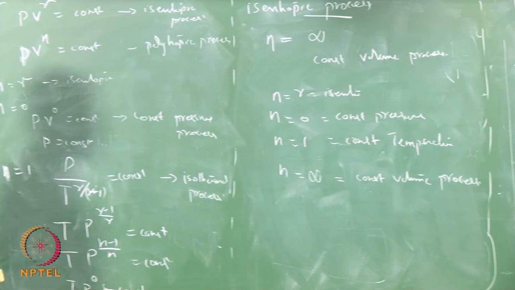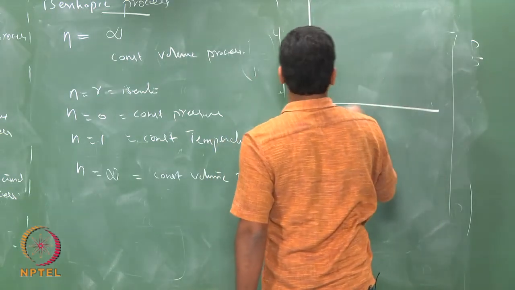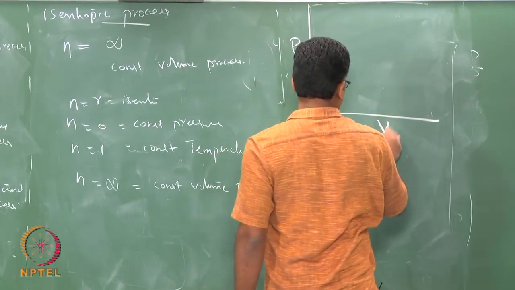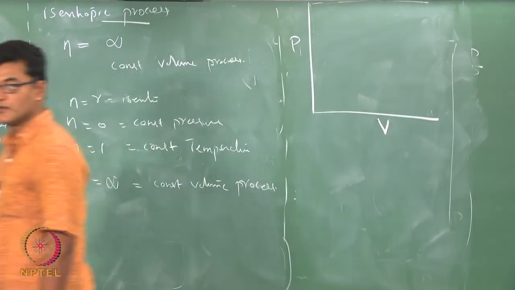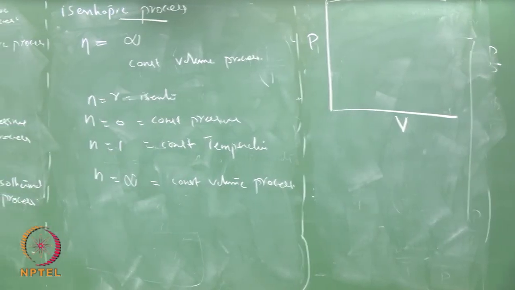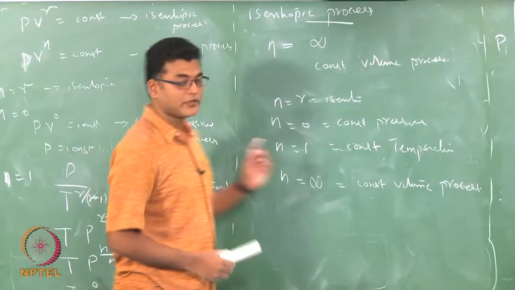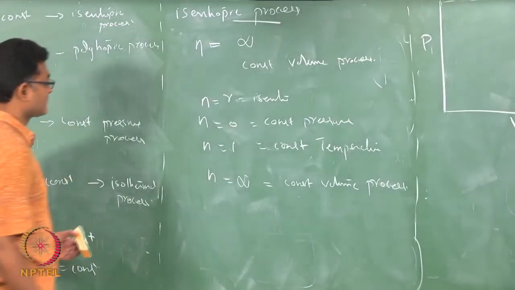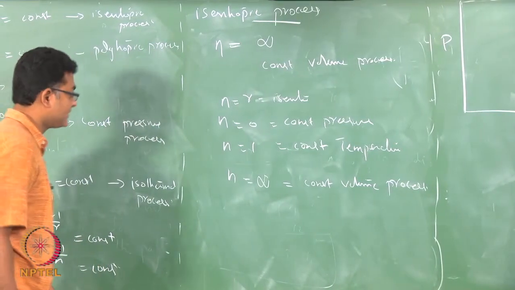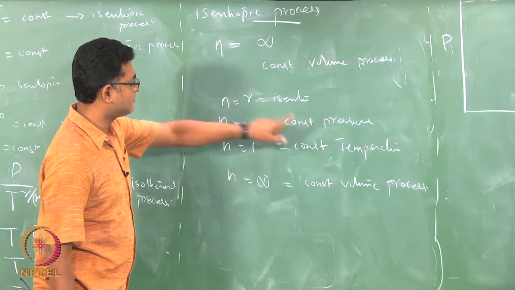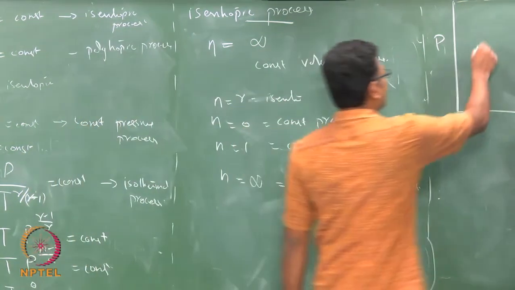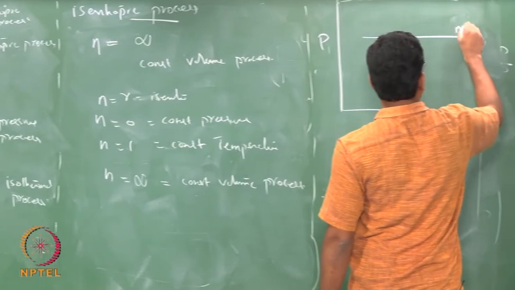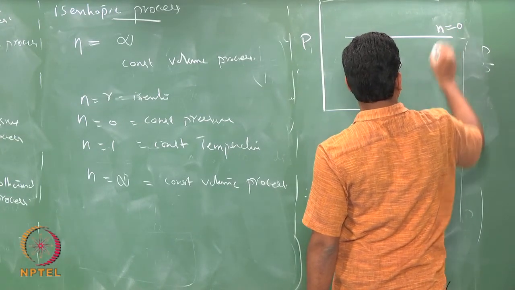So if you look at these processes in the PV diagram, how does it look? I have P, V. So if the process is from point 1 to 2, first let us draw the easiest one. n equals 0 is a constant pressure line.